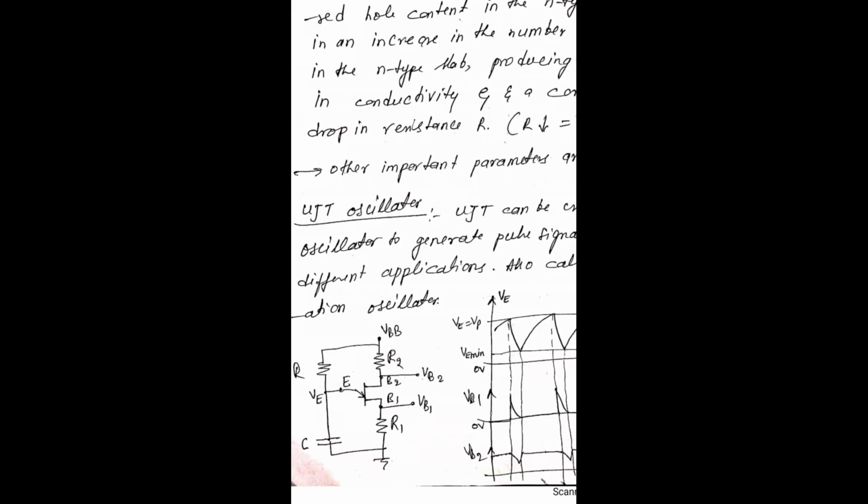So when VE is equal to VP, UJT is going to be turned on.